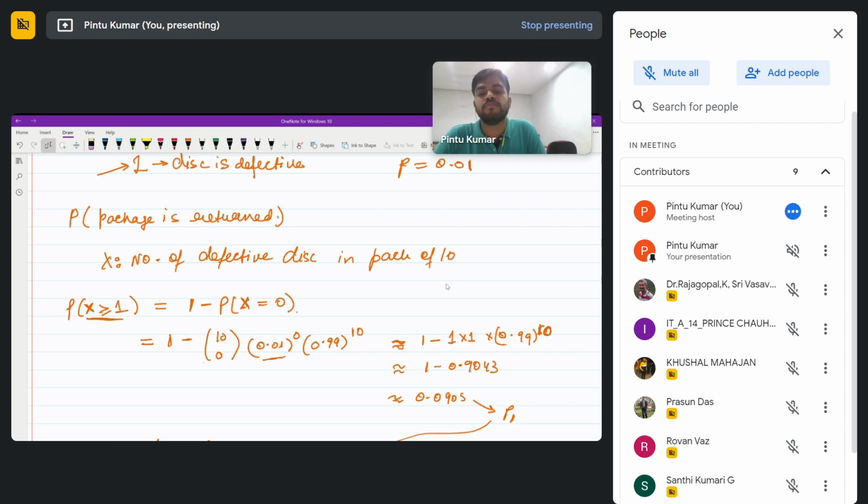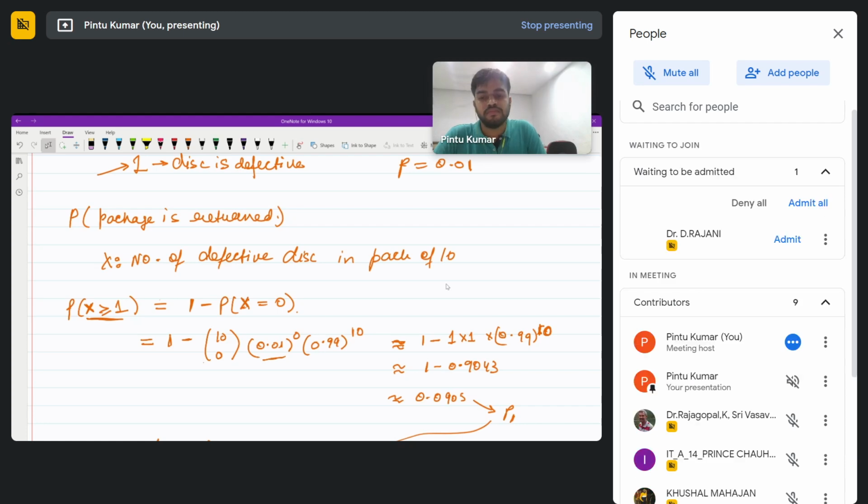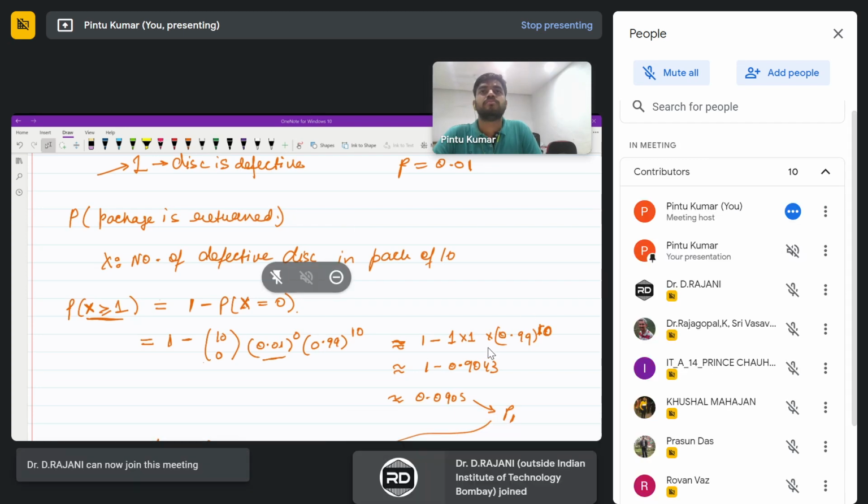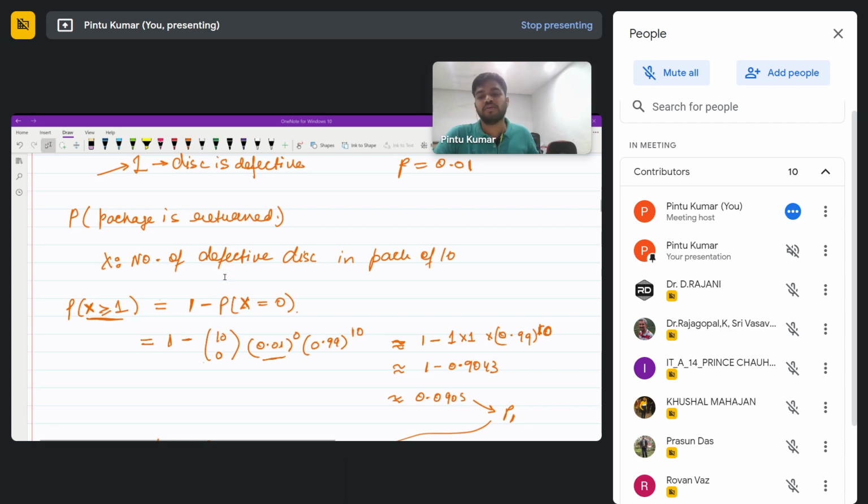Finding the one or more defective in the pack, is it required to apply Bernoulli's, or can it be directly calculated, since the probability of one disk being defective is 0.001? When it's independent, you multiply that 10 times. Am I right? Independent event, yes. So one disk is independent, but again you need to choose where that particular defective one is, right?